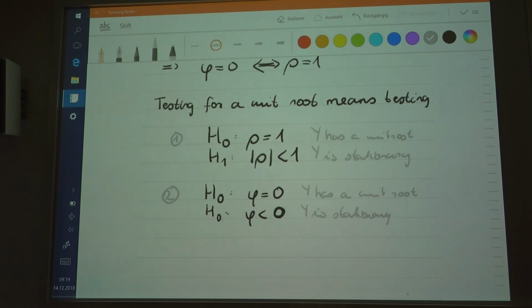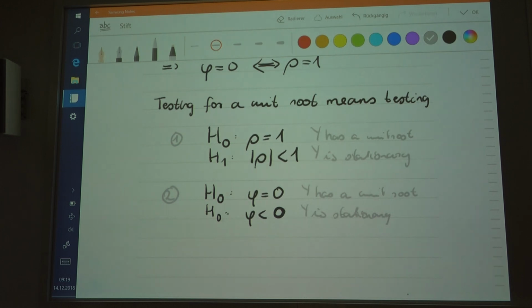So guys, this is a one-sided test. You have to understand this. Either the process is integrated of order 1, or the process is stationary, and there are basically no other cases in between. So you just have 2 alternatives, not 3.